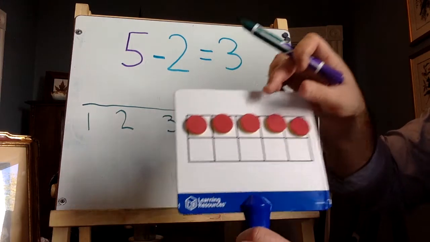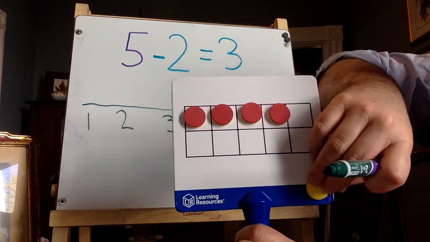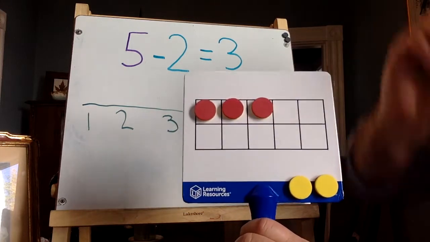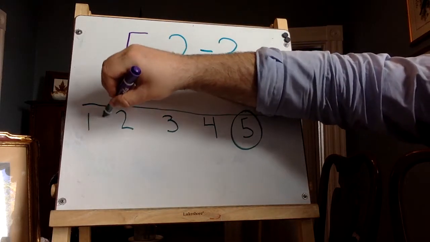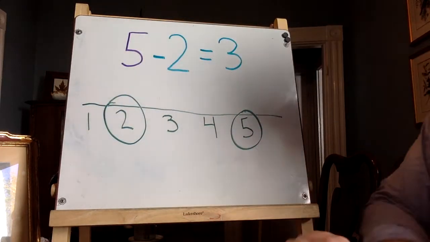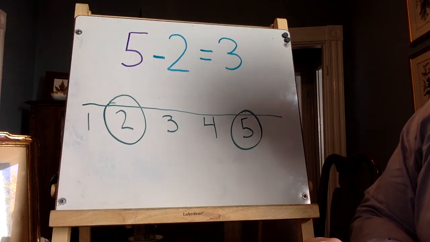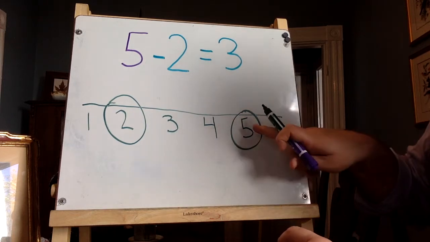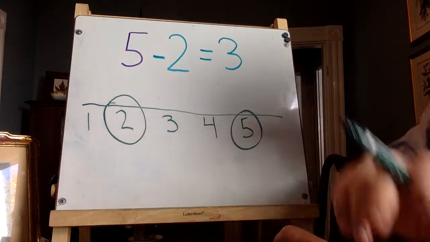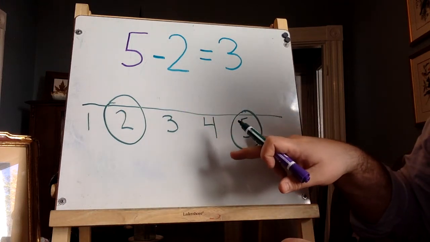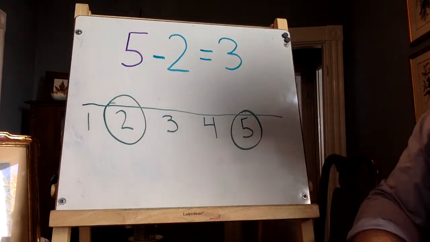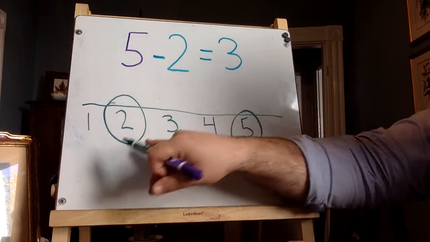Now, how many did I take away? 2. So we want to find out how many jumps we have to make between 5 and 2 to have 5 and go back to 2.